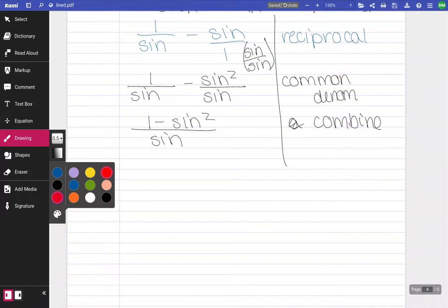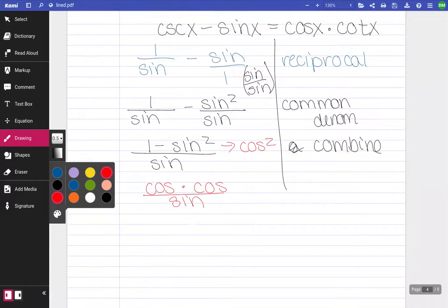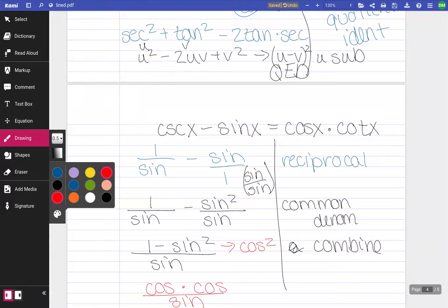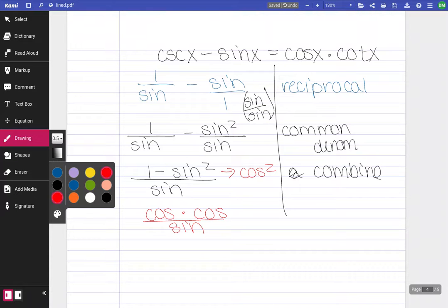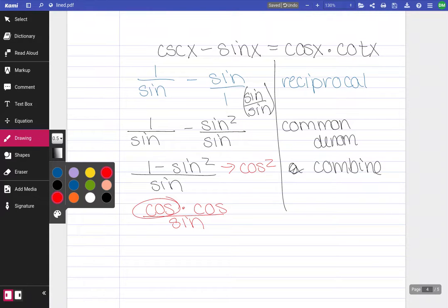And the big thing I want to point out is, remember that Pythagorean identity again. This becomes a cosine squared. So now I've got cosine times cosine all over sine. So remember, my answer is cosine times cotangent. Well, I want one of these cosines to stay by themselves. But cosine over sine, this part is cotangent.